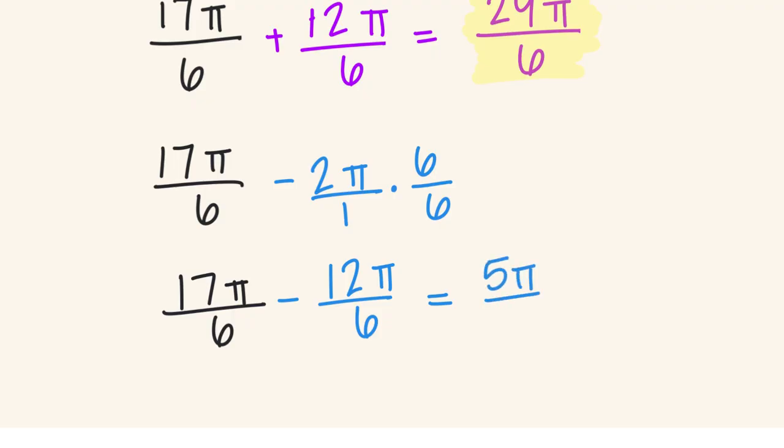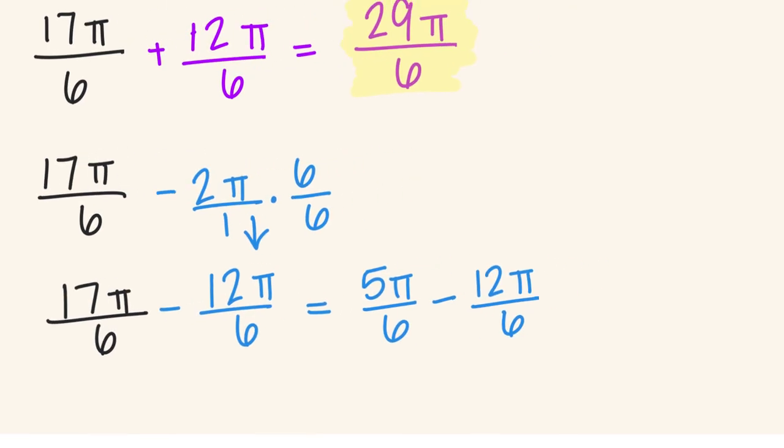But is that negative? No, so what do I have to do again? Good, I'm going to subtract again. Because I already know that I have to find that common denominator, I'm just going to use 12 pi over 6. If you want to do it again, 2 pi over 1, don't forget you still have to change that denominator.